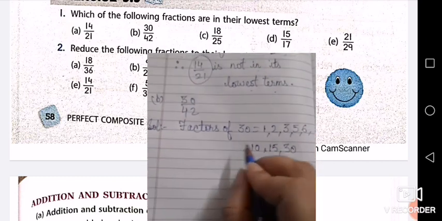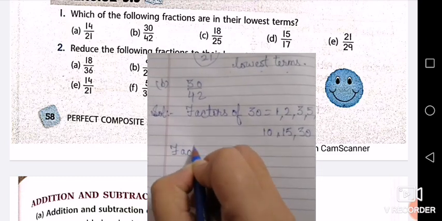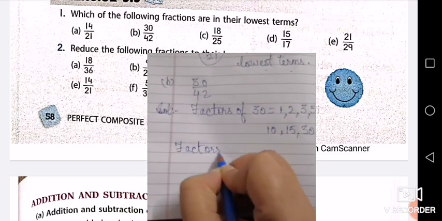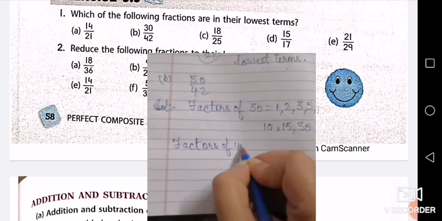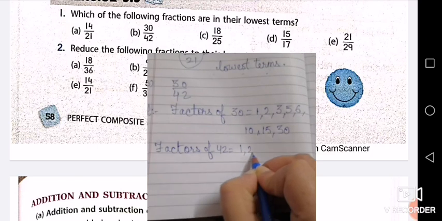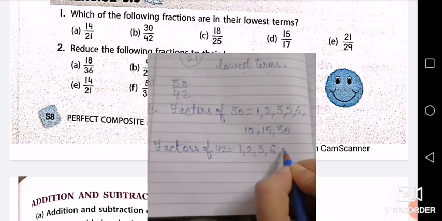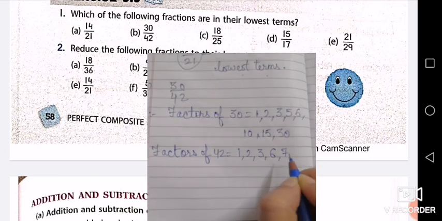Now come to factors of 42. Now we will write factors of 42. 1, 2, 3, 6, sevens are 42 and 7 sixes are 42.